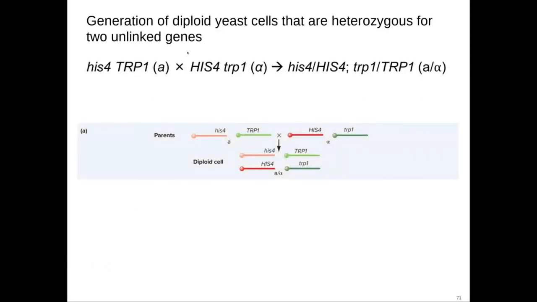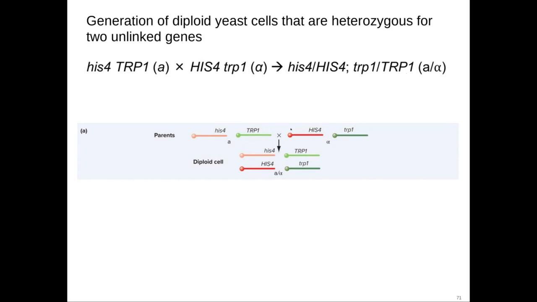Now, we can generate diploid yeast for our genes, right? Because we can fuse an alpha and an A together, and thus produce a diploid organism. So we could do a cross here. We have HIS4 TRP1 and his4 trp1, A and alpha, thus producing HIS4 and his4, and then TRP1 and trp1, A alpha.